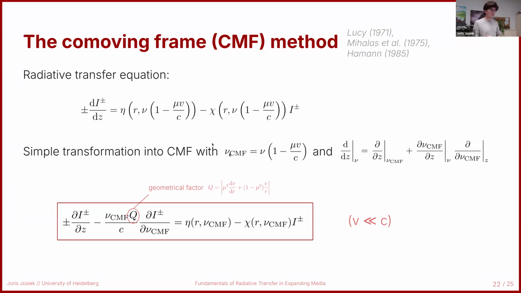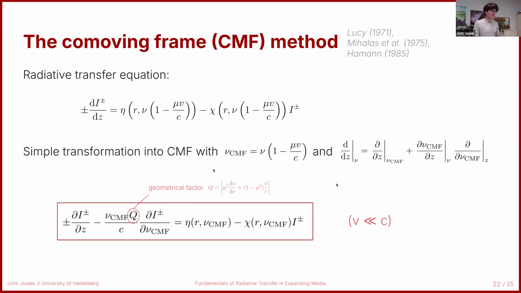So again, you have this comoving frequency, which is this Doppler shifted frequency. And then what you do again is some transformation of variables. So this d over dz will change, and then you have a component that is just purely a spatial component, but then of course also the change of the comoving frequency with respect to z.